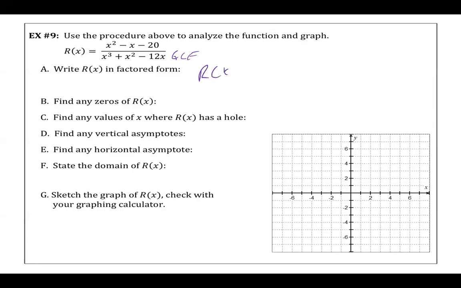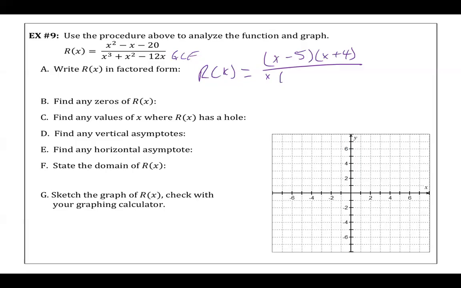So we're factoring r of x, which equals, and your numerator, what multiplies to give me negative 20, but adds to give me negative 1? 5 and 4. What kind of 5 and 4? I need a negative 5 and a positive 4. In my denominator, I have a GCF. I take that out.